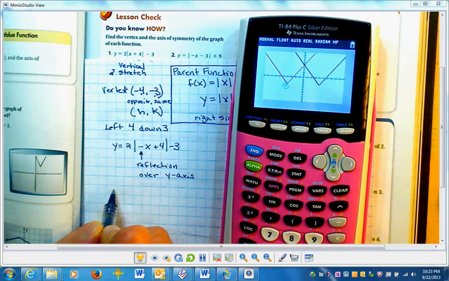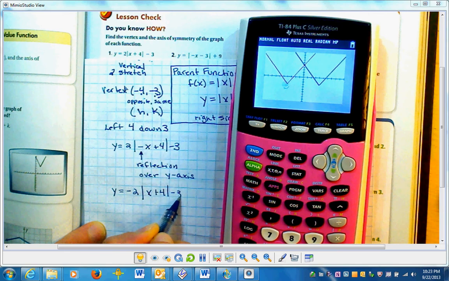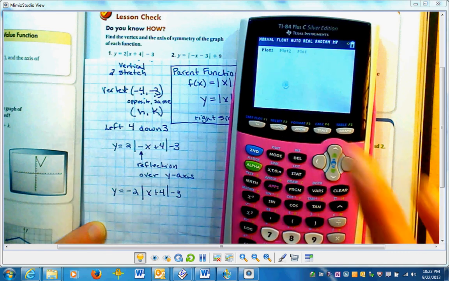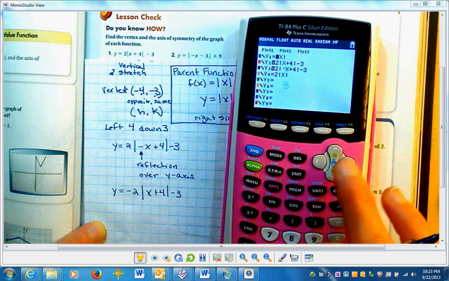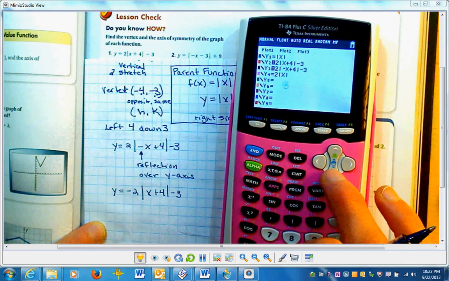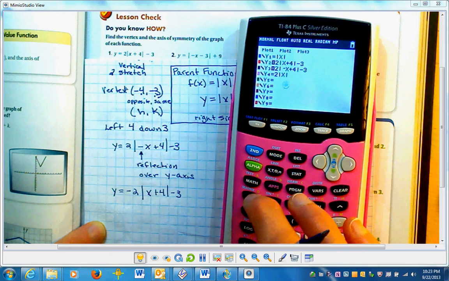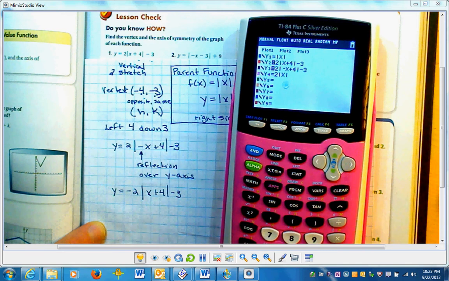Well, what would happen if I had y equals -2 absolute value of x plus 4 minus 3? Okay, so let's try that one. So let's go down. I'm going to get rid of what I have here in y4. I'm going to do second insert negative.